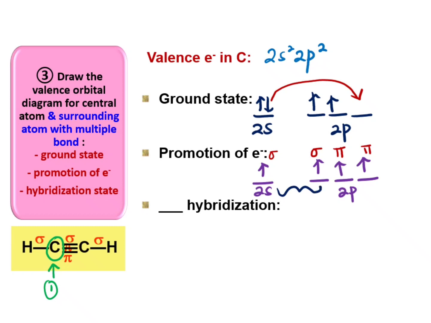Dan kita tahu kelas, sigma bond sahaja untuk hybrid orbital. Pi bond dia akan guna original orbital di mana dia akan overlap side to side. So your hybridization just now yang kita dah identify pada permulaan step tadi adalah sp. Okay, so kita akan hybridkan orbital S dengan orbital P dan you akan dapat macam ni.